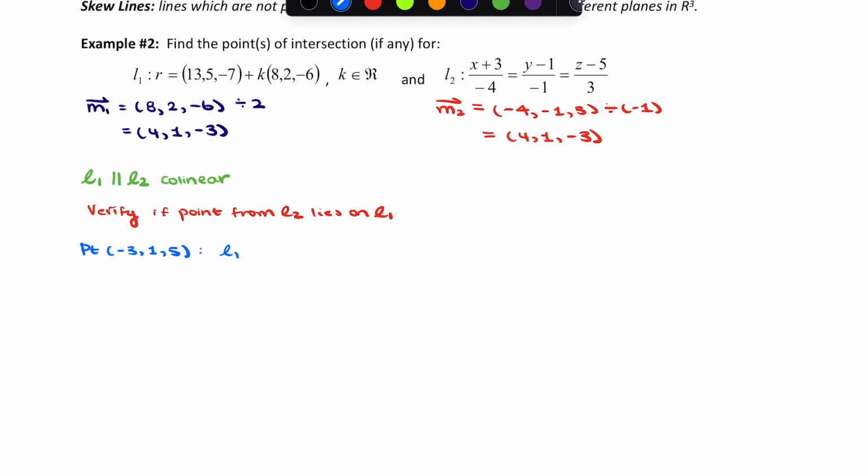And so here line 1 is x is equal to 13 plus 8k, y is equal to 5 plus 2k, and z is equal to -7 minus 6k.